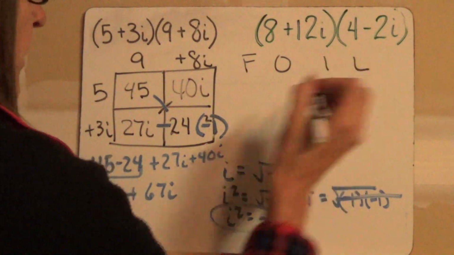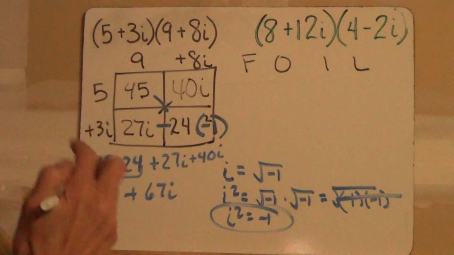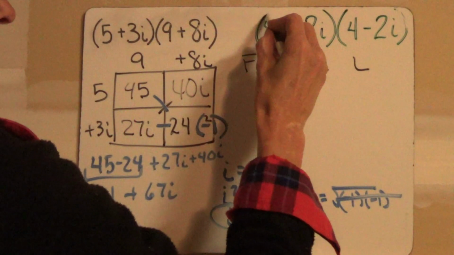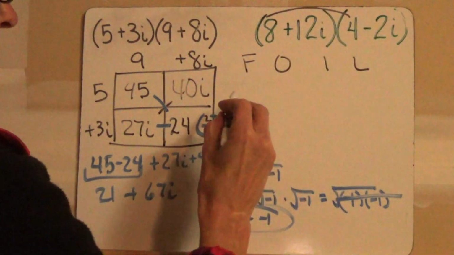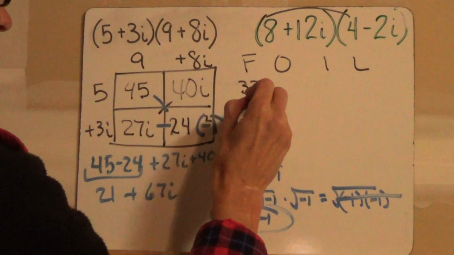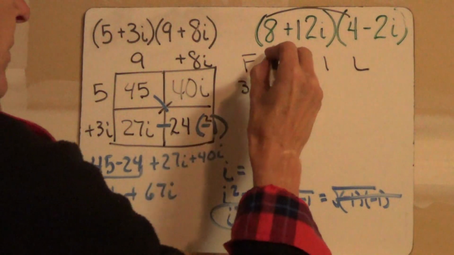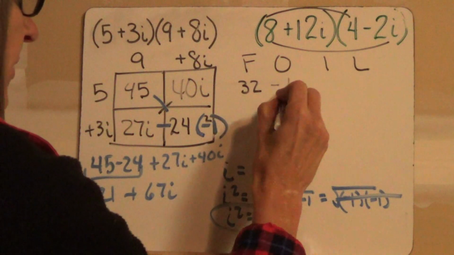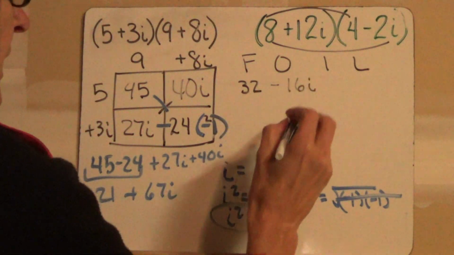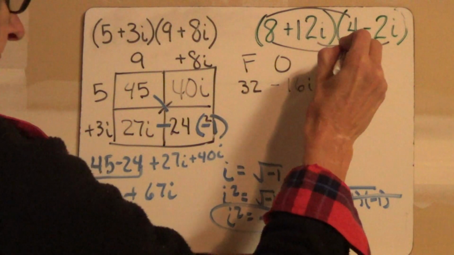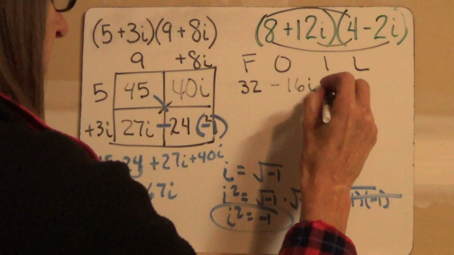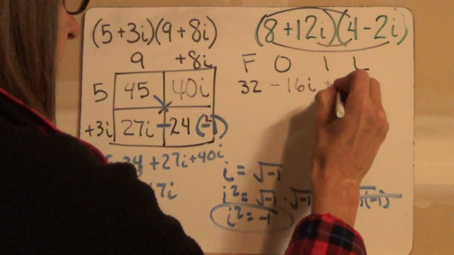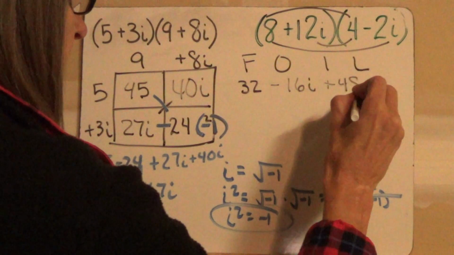I just wanted to bring a different problem in, show it the FOIL way, because we've been doing that in class too. First would be 8 times 4, that's 32. Outside would be 8 times negative 2i, which is negative 16i. Inside, 12i times 4 is positive 48i.